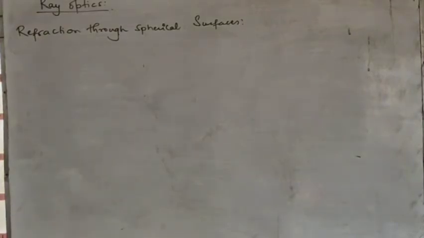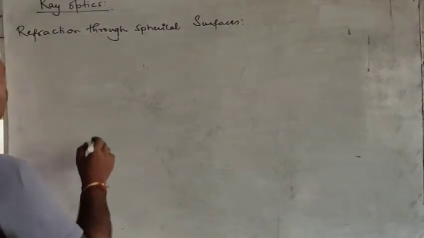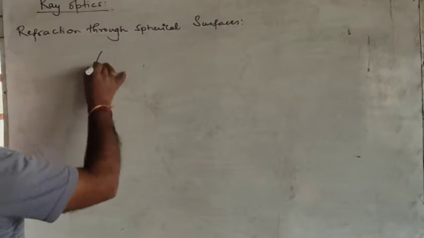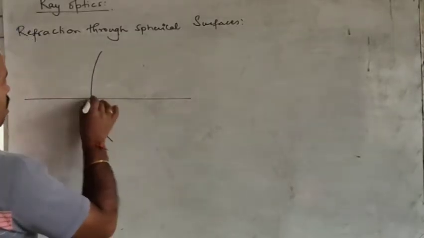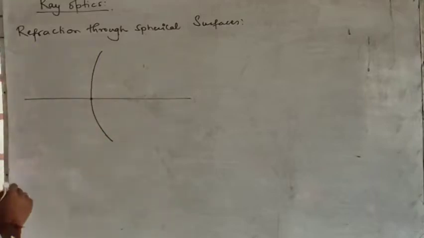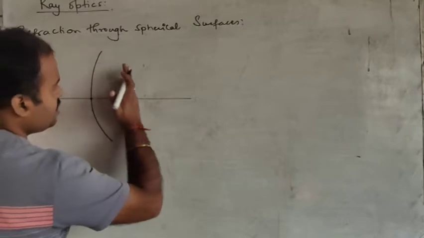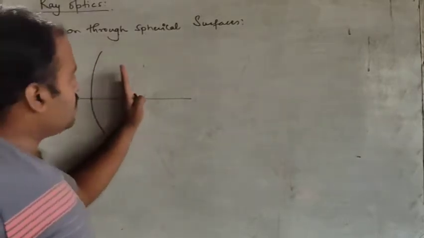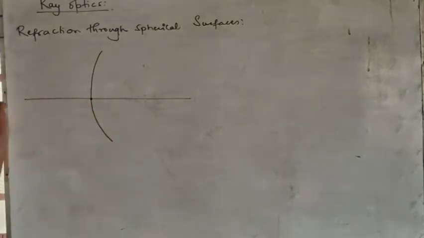हम क्या करेंगे यहाँ पे, कोई एक सरफेस पहले assume करेंगे, like I am going to assume this surface. Okay, this side I am considering that the side is glass side and this is air side.